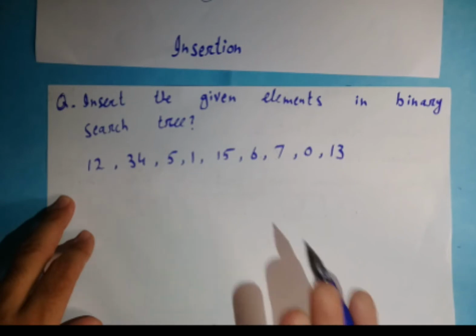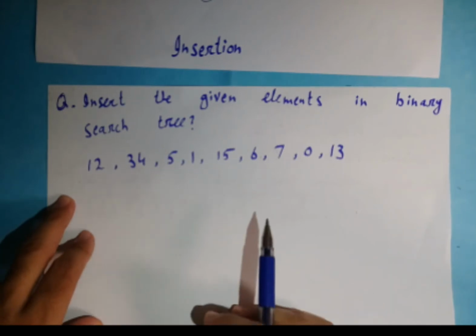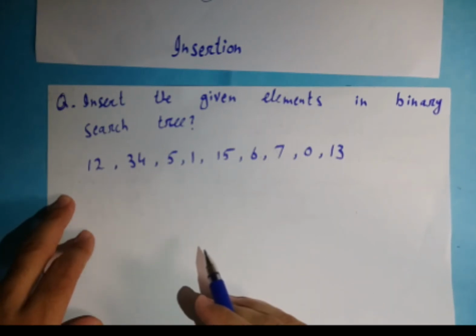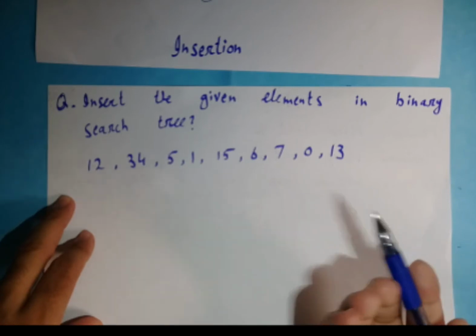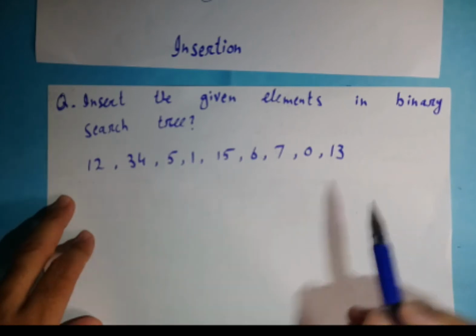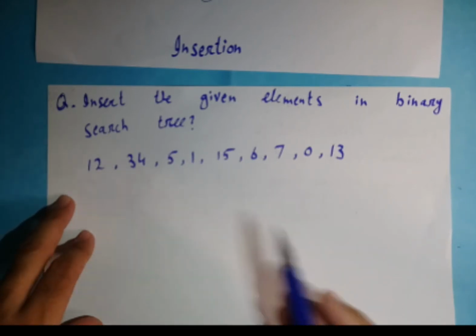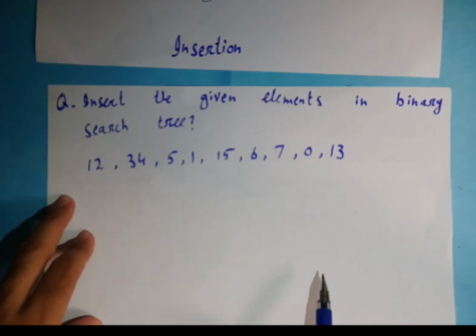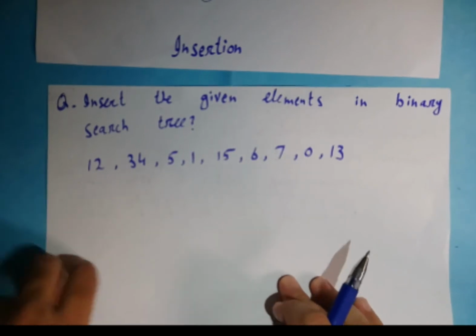A question like this can come in the exam, where they can give you one array, and you have to make the binary tree from the given array. Once you watch this video completely, you will automatically know how you can make any binary tree from the given elements or from the given array.